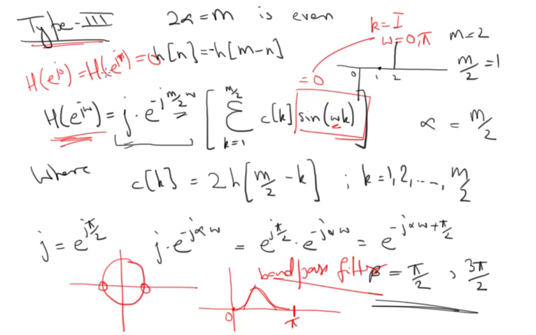So let us see an example of this type 3. One thing that I have left is, this is A of e raised to power j omega. It must be real valued and it must be an odd function. Let us see an example of a type 3 filter or system.